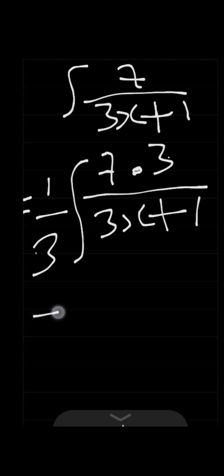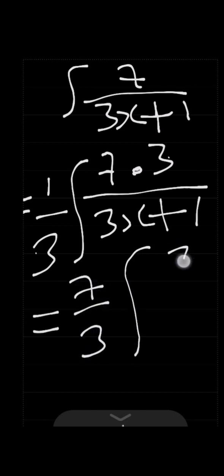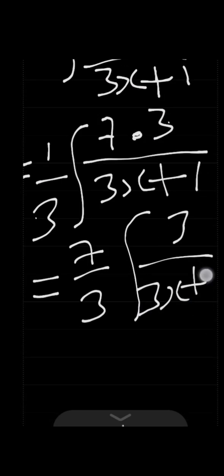Okay, so this will be equal to, now differentiate the denominator, you get a 3. Is it also on the top? Yes, because do you see that we can factor out the 7 here? So let me just first factor out the 7. So 7 over 3 times the integral of 3 over 3x plus 1, right?